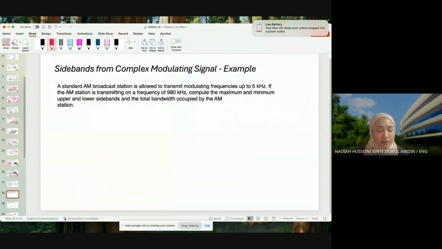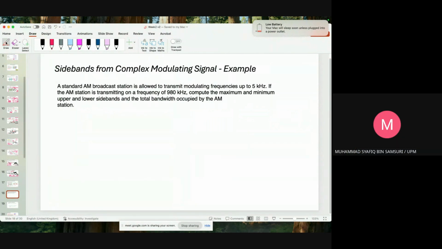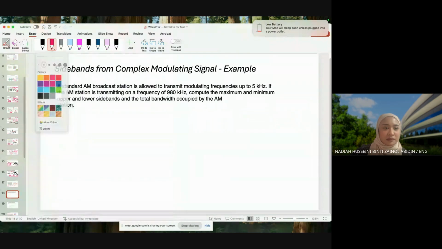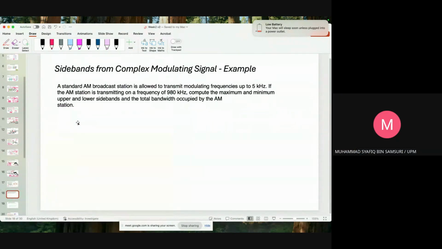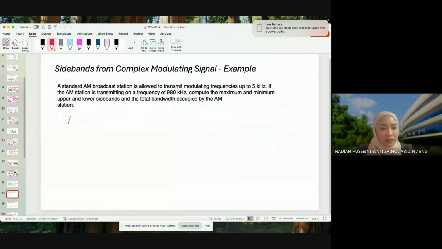Standard AM broadcast station. Remember, if you don't know this, your radio has FM and AM stations. AM radio and FM radio. Basically, you only use FM radio, right?